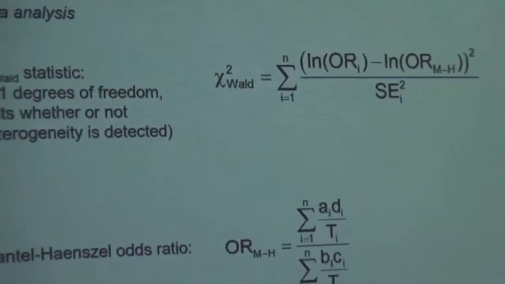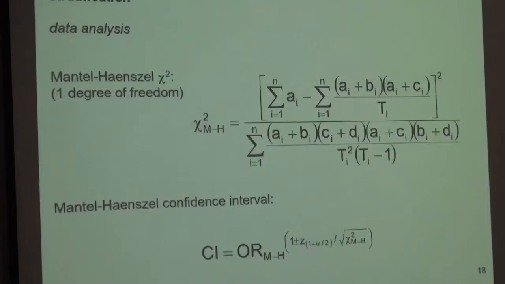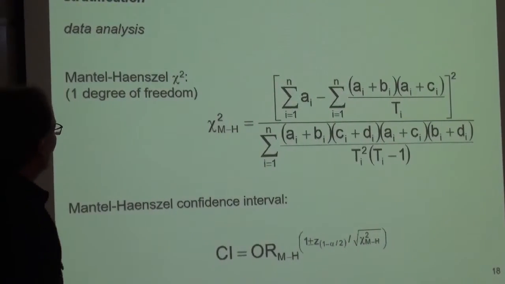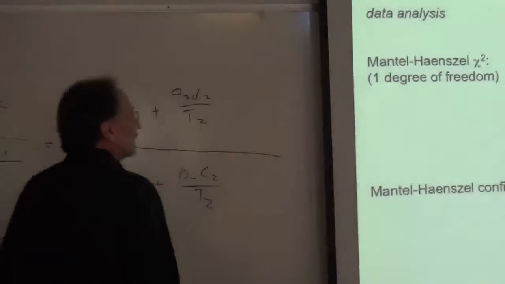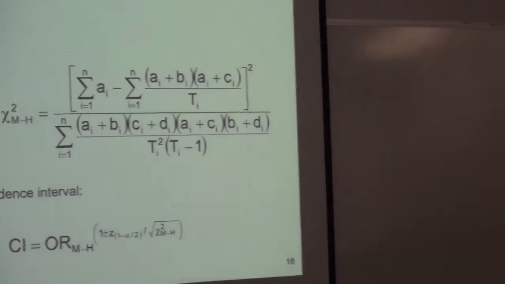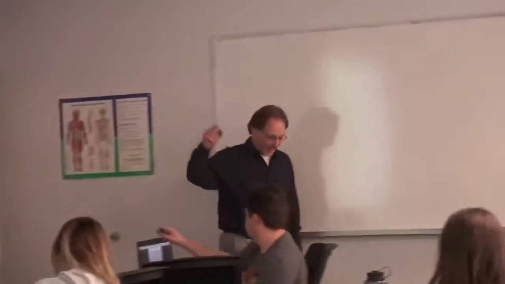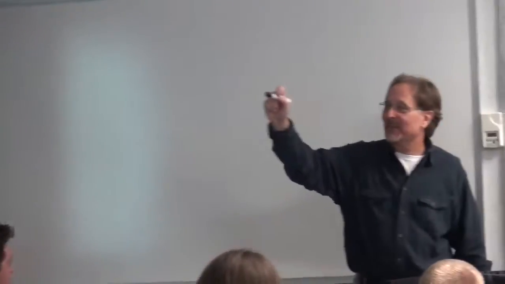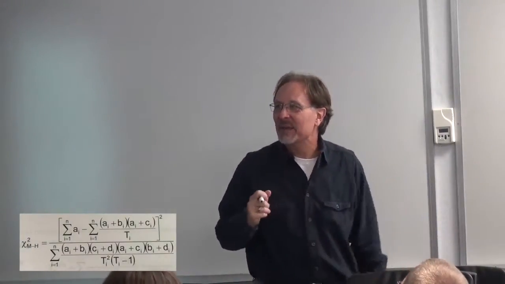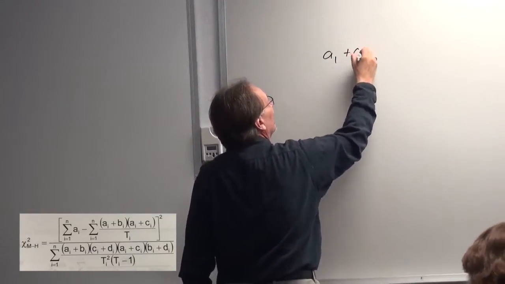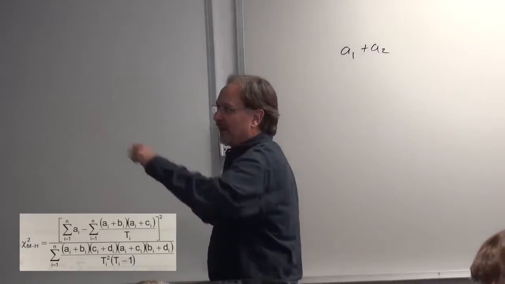Now, the reason that I started out with summation signs is because of that beast right there. Just for fun, let's expand this to 2 strata. The first summation is a sub i, so that would be A1 plus A2. That's the first thing you do.